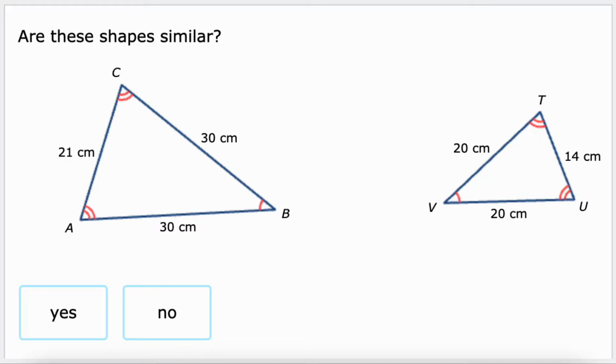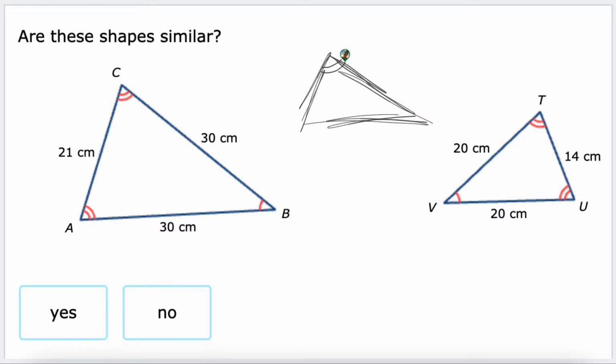So if we can imagine that we turn triangle VTU or whatever it's called, right? We turn it so that it's oriented the same as triangle ABC.